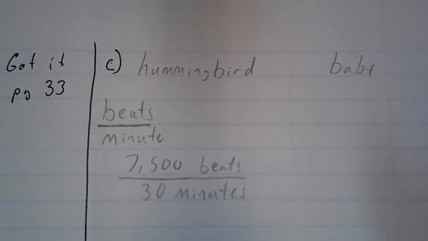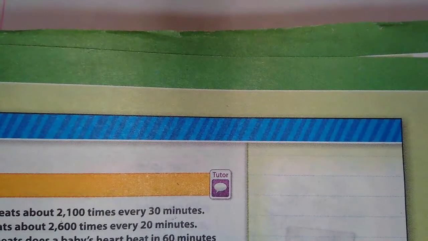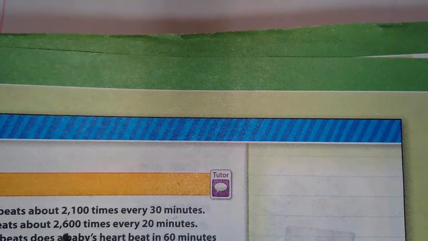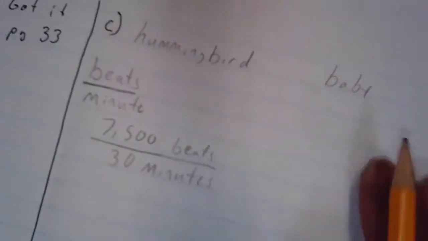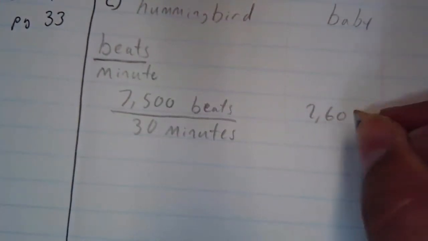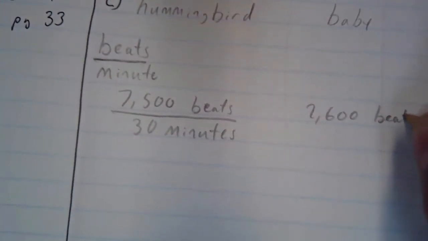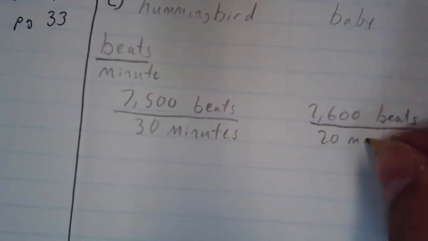A baby's heart, and again, where am I getting this from? Just so you know, they're not just pulling this out of the air. A baby's heart beats about 2,600 times every 20 minutes. All right. 2,600 beats per 20 minutes.